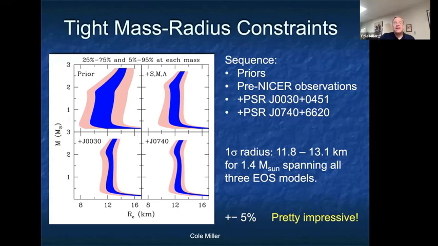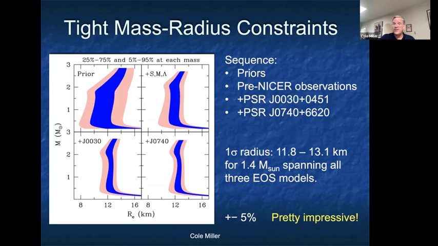What we find, in fact, is that if we use all three equation of state models, the piecewise polytrope, Gaussian processes, and spectral, at a canonical 1.4 solar mass neutron star, the radius we find is between 11.8 and 13.1 kilometers. Now, of course, depending on exactly how you do this, it can be extended a bit more than that, but it's basically plus or minus 5%.